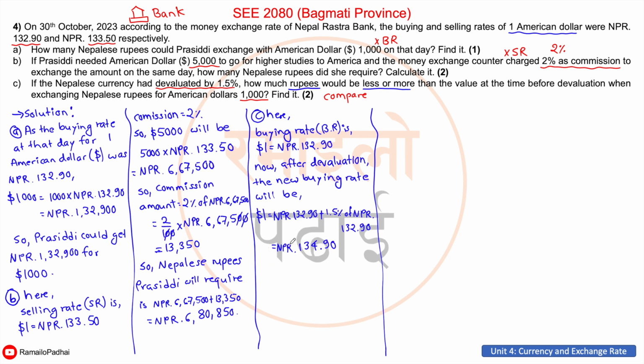Now we will find how much 1000 American dollar will be before the depreciation and after the depreciation.